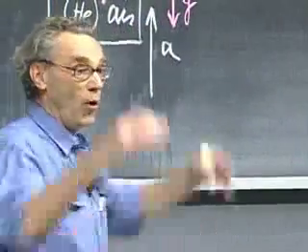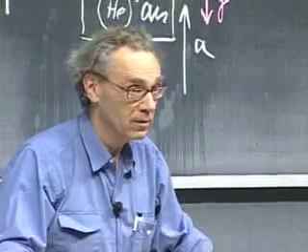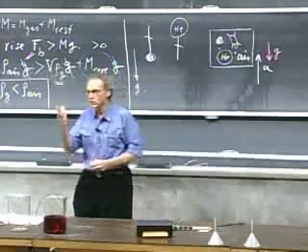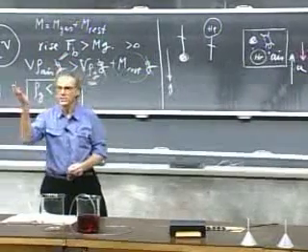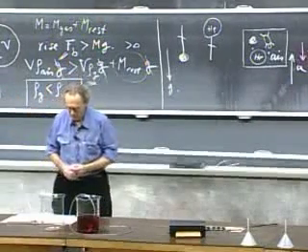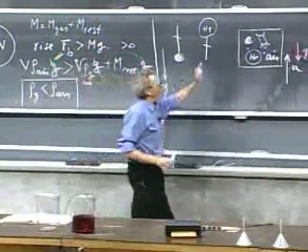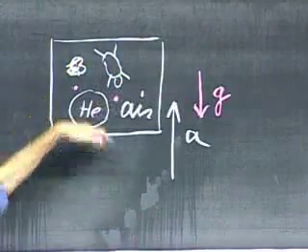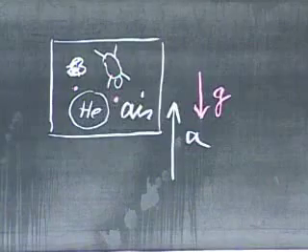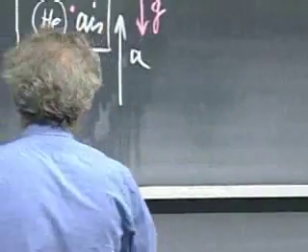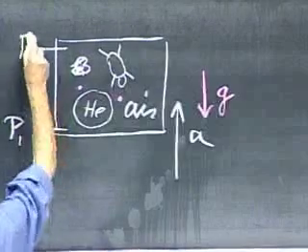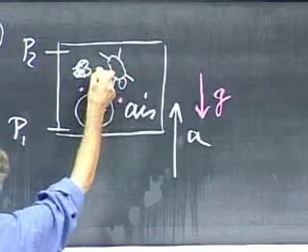The air wants to fall, but the balloon wants to go against gravity. The balloon will rise. The air wants to fall. So inside here, you create a differential pressure between the bottom, P1, and the top of the air, P2, inside here.